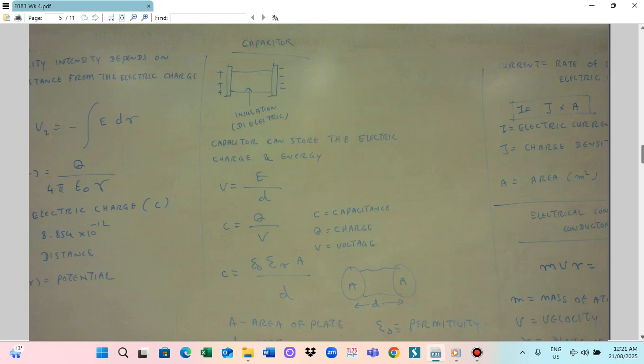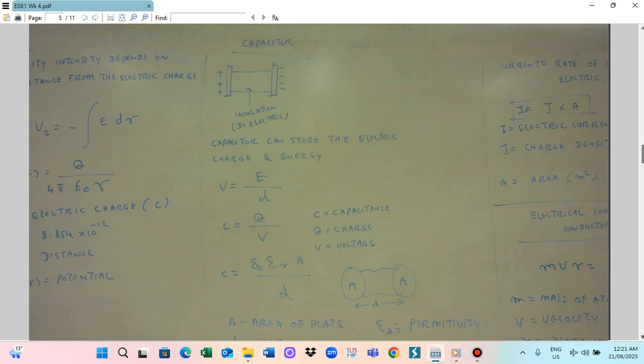So a capacitor can store the electrical energy, the electric charge, and energy. And therefore the capacitance can also be calculated.